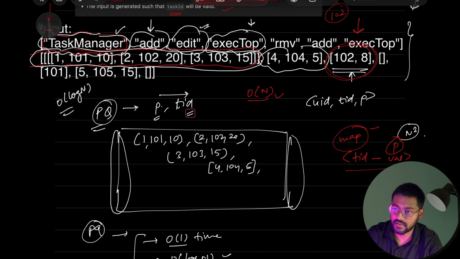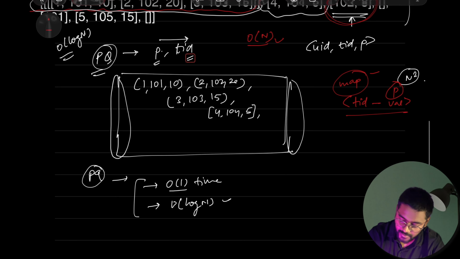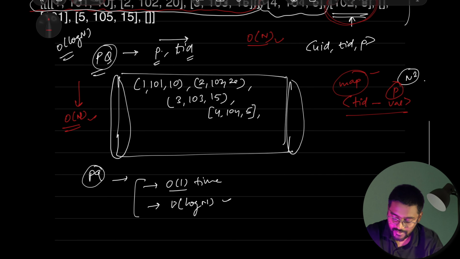Order of 1 time I can get to the same entry and update the value. But how am I going to update it in the priority queue? Updating in the priority queue takes order of n time, but we cannot afford that. So what do we do in this case?